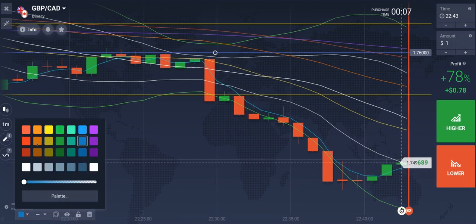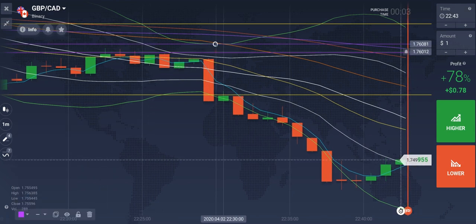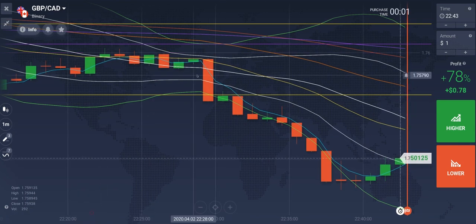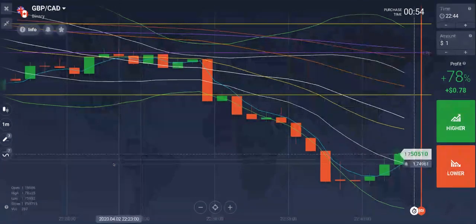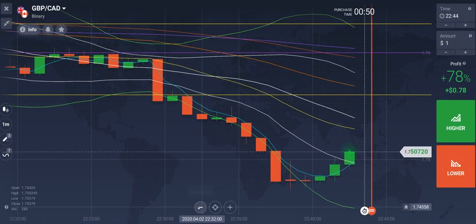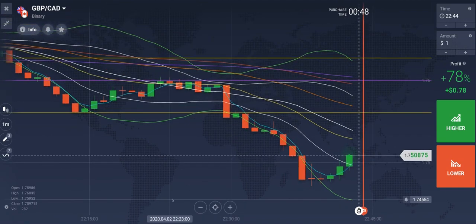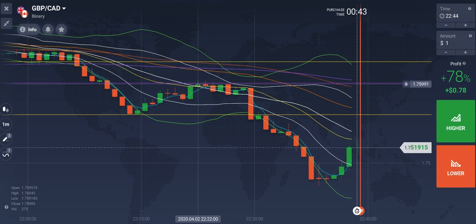Okay, so this is the level. What you need to understand is it's always better to go with the direction of the market. You see, there was a breakout wave and then a pullback wave.